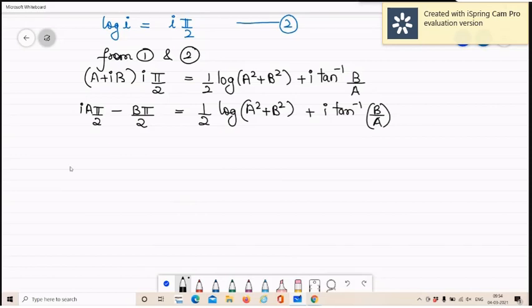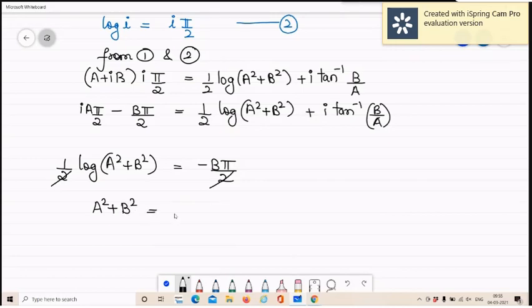Let's start equating. When I equate the real part, half log of a square plus b square equals minus b pi by 2. This 2 and 2 get cancelled and the log becomes exponential, so a square plus b square is e raised to minus b into pi.